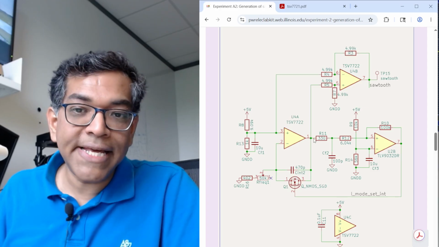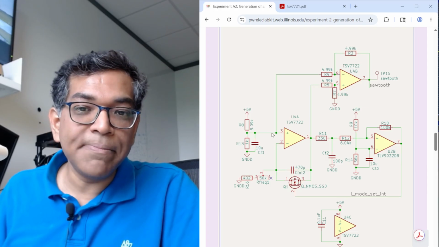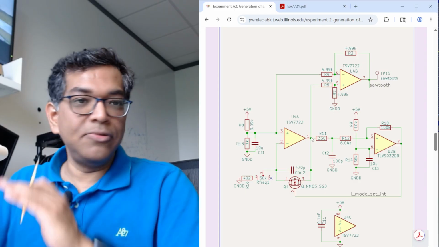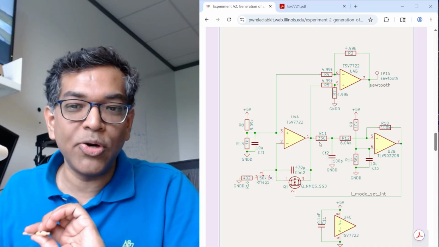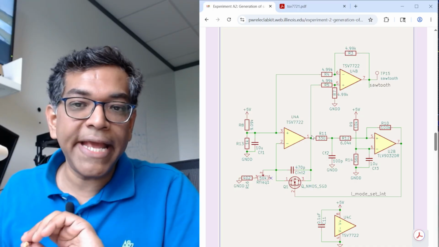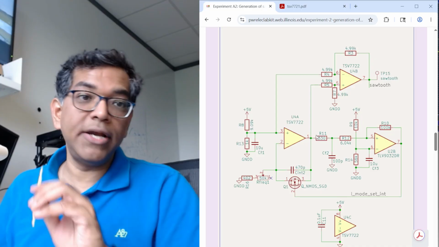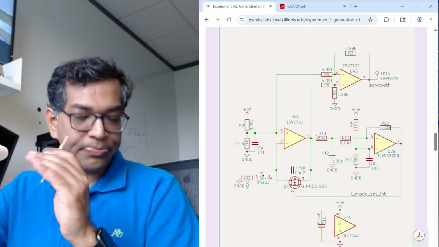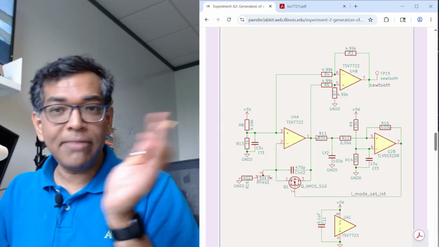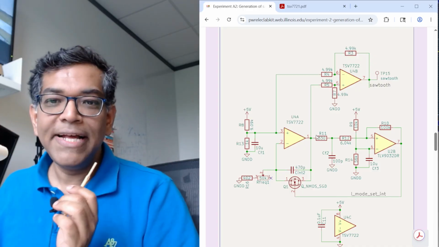Now mind you, this output here is going to go from this minimum point to some value, depending on what the threshold is. This will determine the range of the signal at this output terminal of the op amp. But we want the ramp, by design choice, to be within 0 to 4. We can make it 0 to 5 as well, but for safety margins, we kept it 0 to 4.